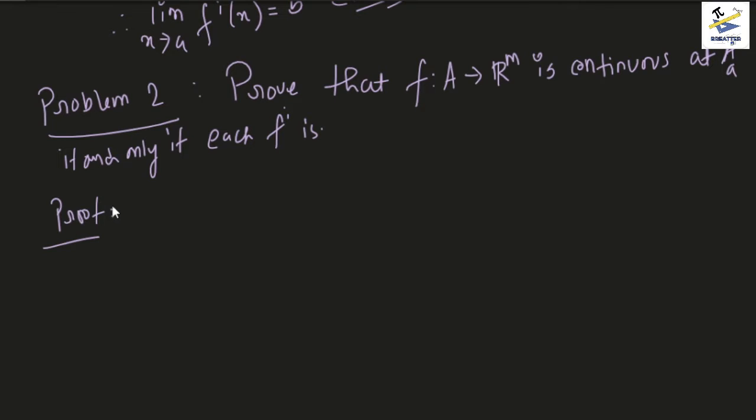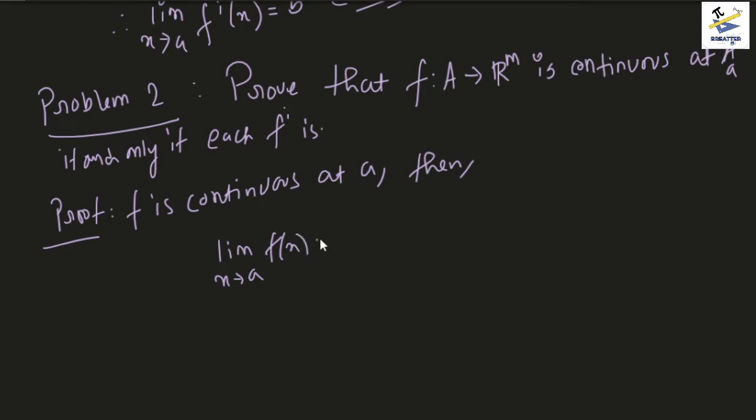So what we are trying to say here is f is continuous at small a if and only if limit x tends to a, f of x equals f of a, right? Since we understand the continuity part, we can assume f is continuous at a, then limit x tends to a, f of x is basically f of a, right?